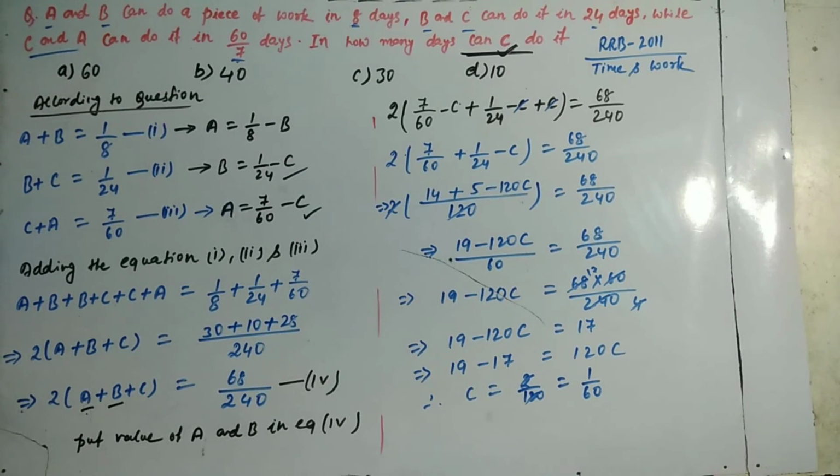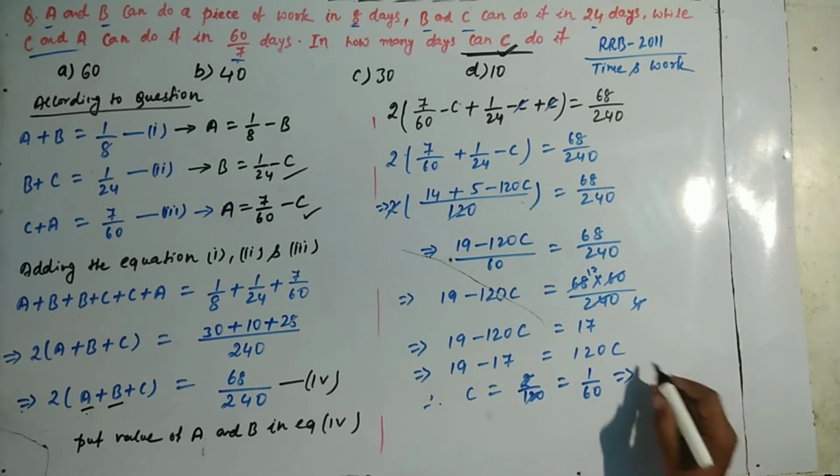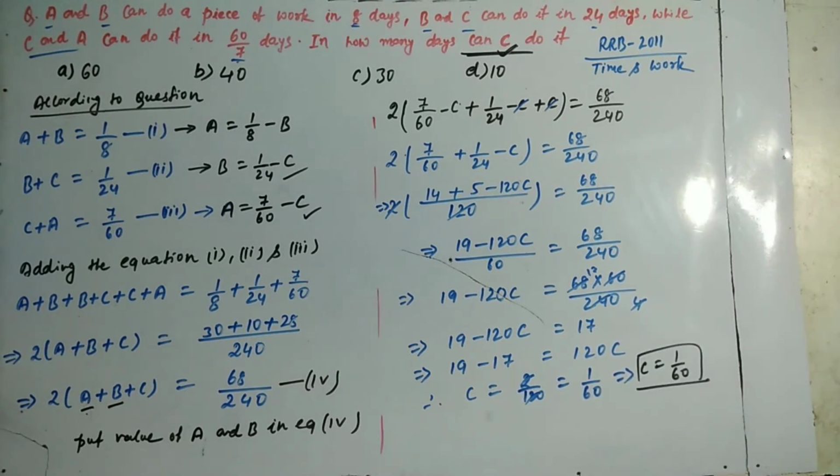This means C can do 1 by 60 part of the work in one day.